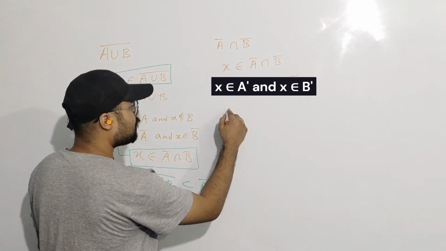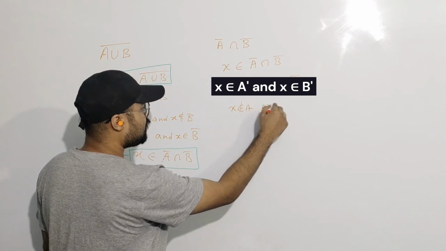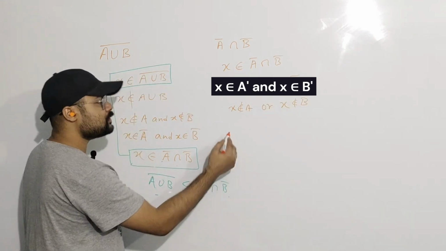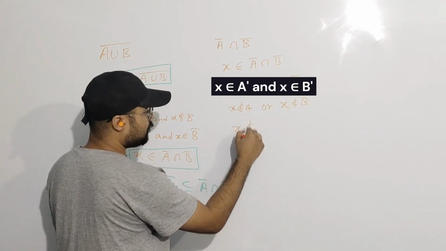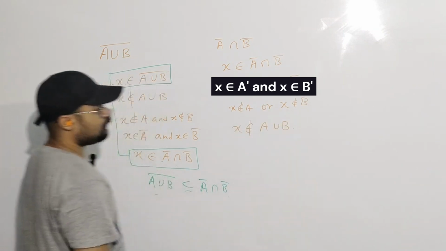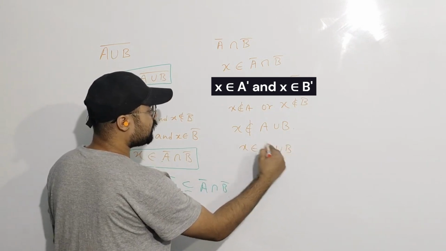This means that X does not belong to A and X does not belong to B. This means that X does not belong to A union B, which means that X belongs to A union B complement.